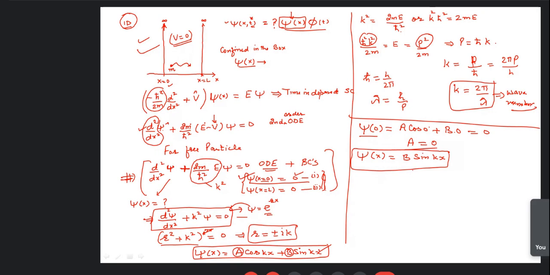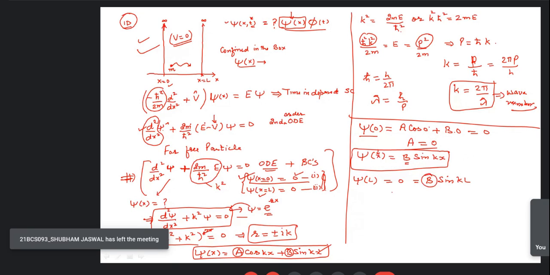Okay, so we apply the second boundary condition to know what b is. My boundary condition is that at x equals L, if I put x equals L here, again the wave function is 0. So b sine kL should be equal to 0. b cannot be equal to 0.